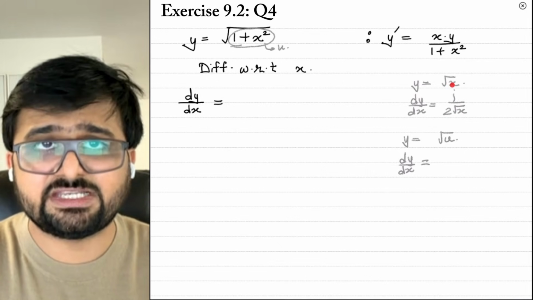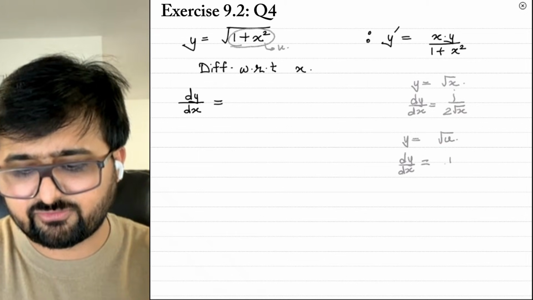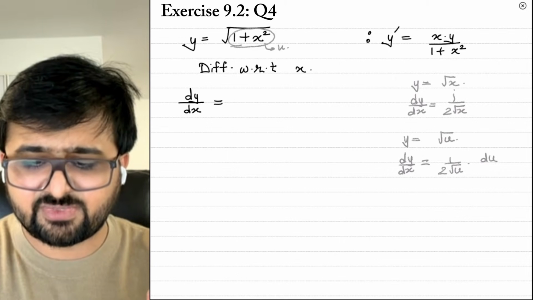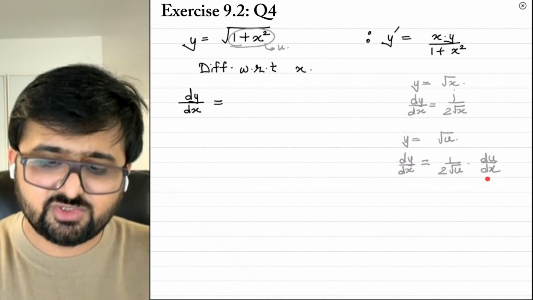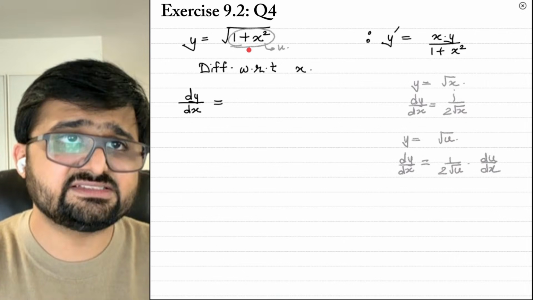So, if derivative of square root of x is 1 upon 2 root of x, derivative of square root of u is 1 upon 2 root u, you just have to multiply by du by dx. You just have to multiply by that extra term, which is derivative of u with respect to x. Okay. So, notice that this is just like u.